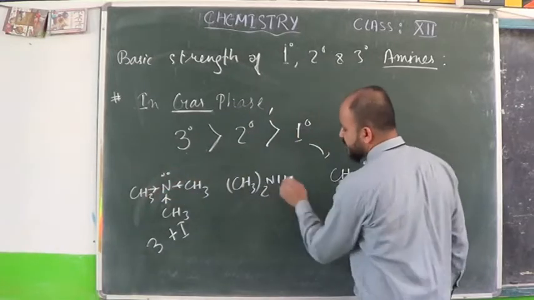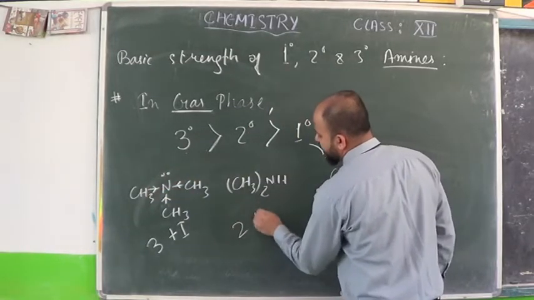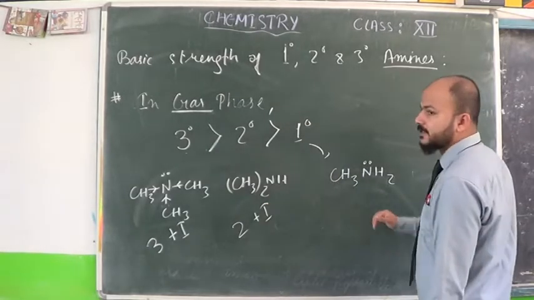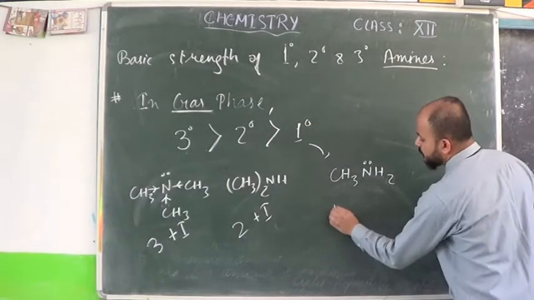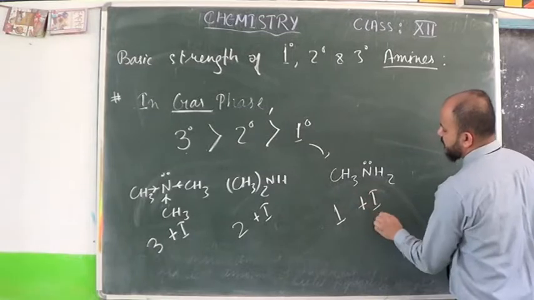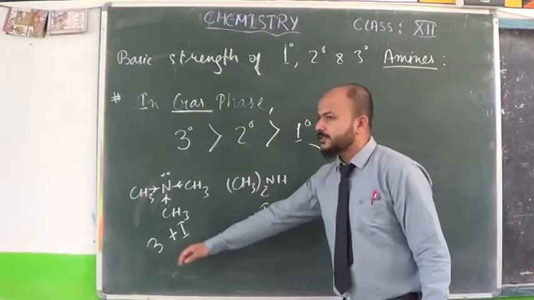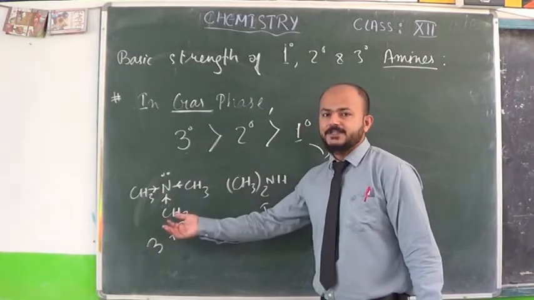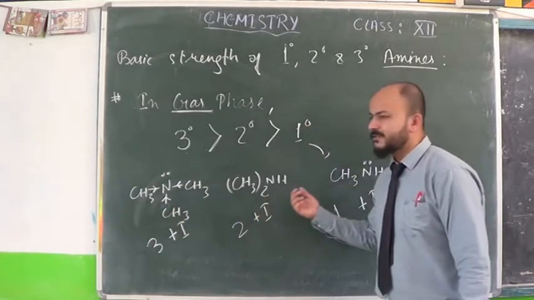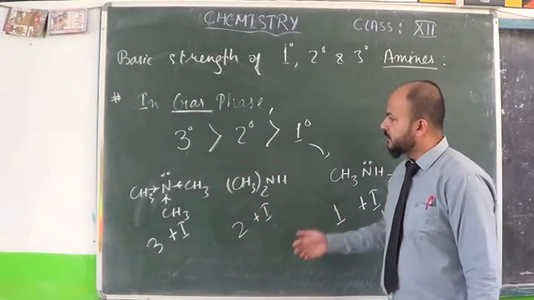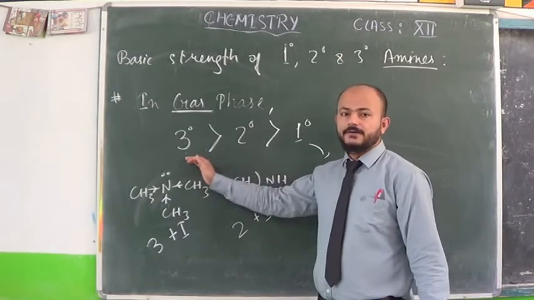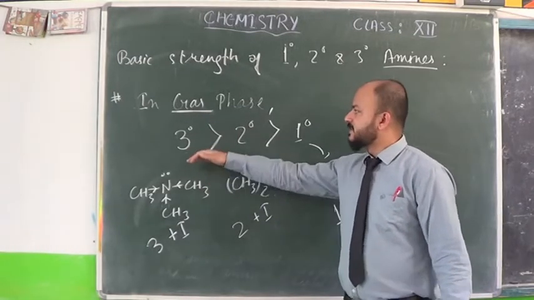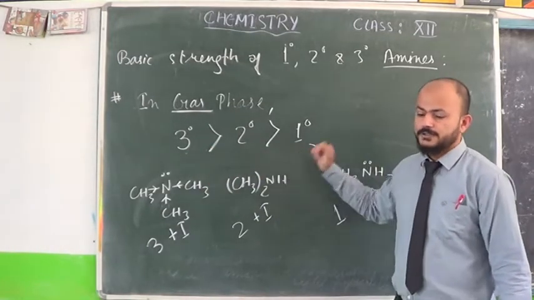In case of second degree you have 2 plus I effect, and in case of primary you have only 1 plus I effect. Because of this difference in plus I effect shown in tertiary, second degree and primary, their basic strength order in gas phase is this particular order.